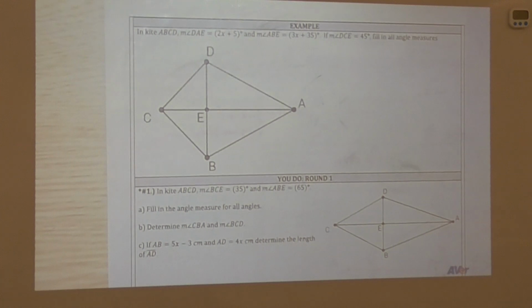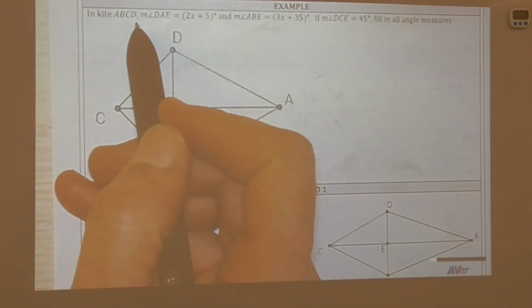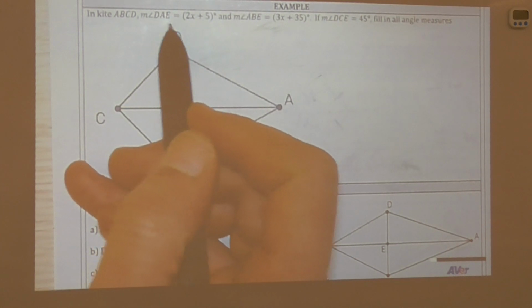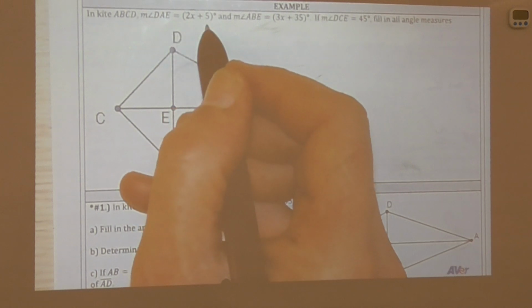All right. Into a practice problem. In kite ABCD, the measure of angle DAE is 2x plus 5.